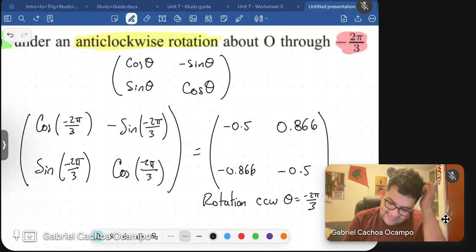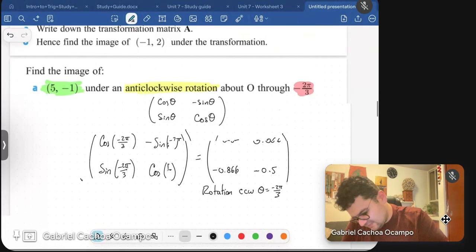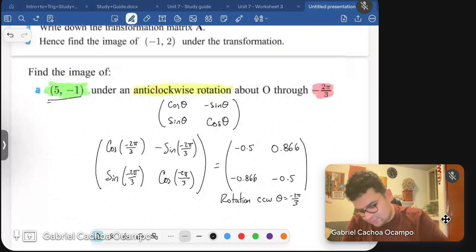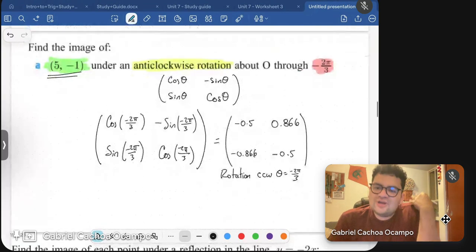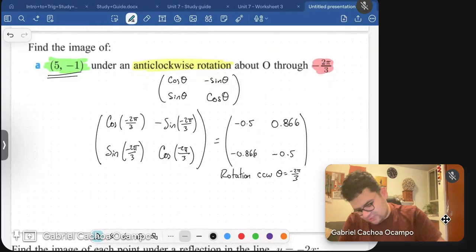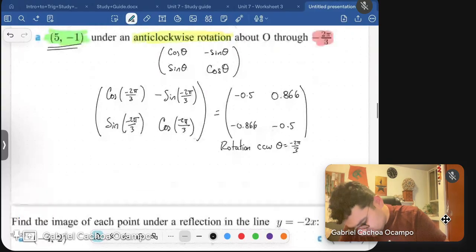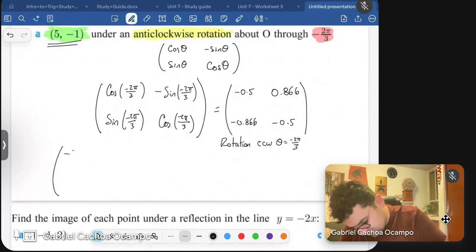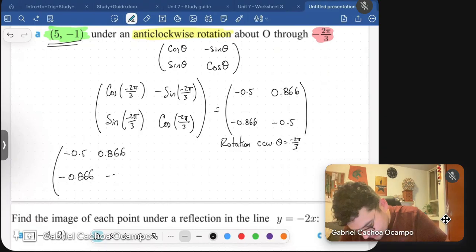Now, I need to find the image of this point, so I need to plug it in. And what does plug it in mean in the context of matrices? Well, in the context of matrix transformations, to plug in means that I am multiplying by a column vector, the vector 5, negative 1.